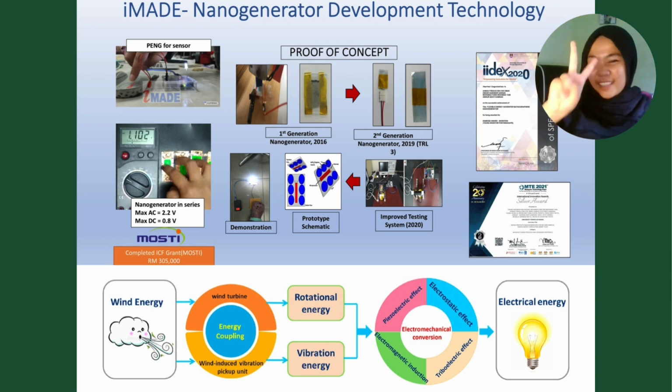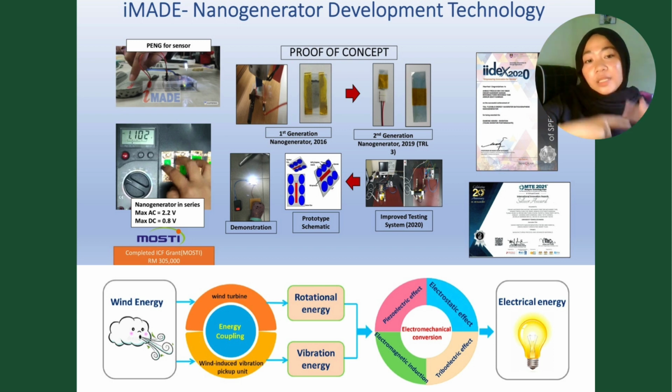Next is the second project, which is the nano generator project. I want to share some concepts of the nano generator project. First, when wind energy comes and spins the wind turbine, two energy couplings occur. First is rotational energy, and second is vibration energy.